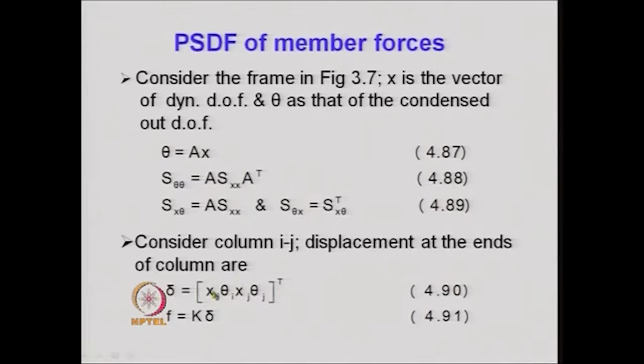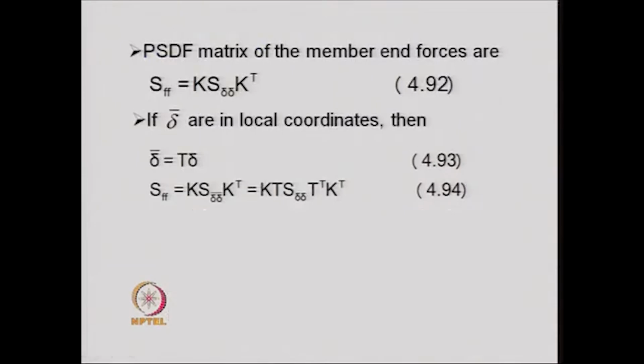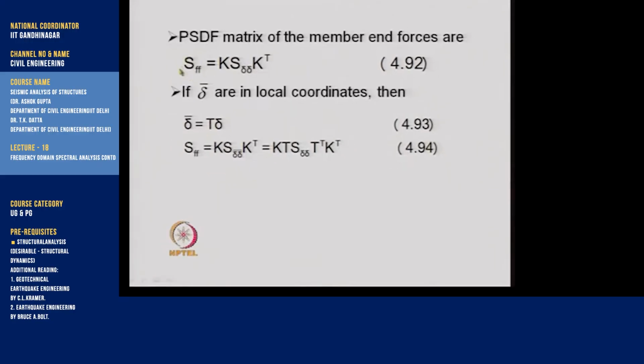So, we take out that and we write down the relationship between the member end forces and the member end displacement with the help of the usual equation F is equal to k into delta. And once we are able to write that, then S FF, that is the power spectral density function matrix of the member end forces, becomes equal to k into S delta delta k transpose.